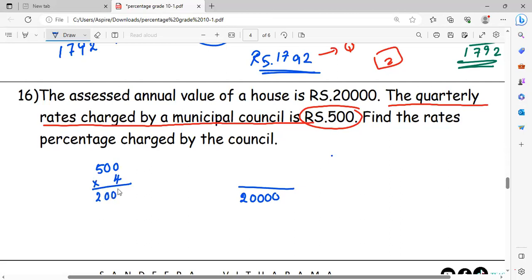So it is 2,000. It is multiplied by 100. Then 0 to 0, 0 to 0. 20 divided by 2, it is 10. Then that means the rate percentage is 10 rupees.